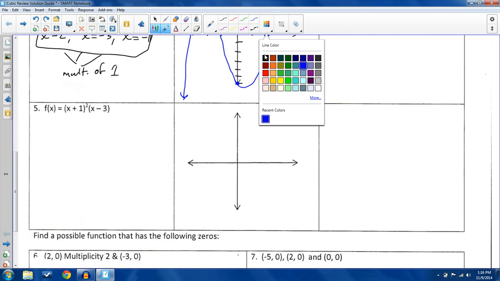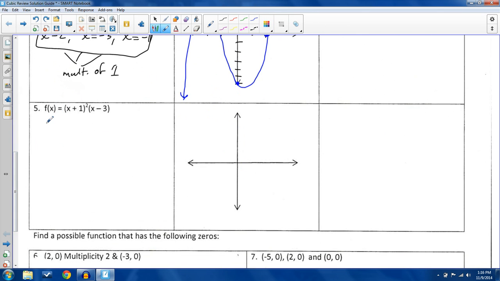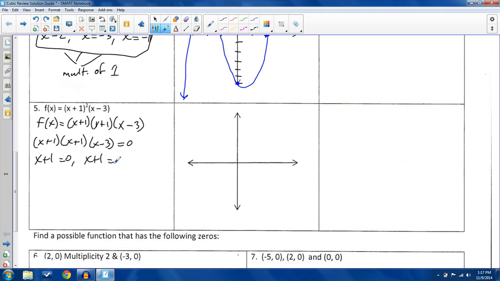Okay, number 5. I'm going to expand this for a second, just to x plus 1 times x plus 1, so then you truly see what multiplicity of 2 means here. So if we set these equal to 0, that either means x plus 1 equals 0, x plus 1 equals 0, or x minus 3 equals 0.